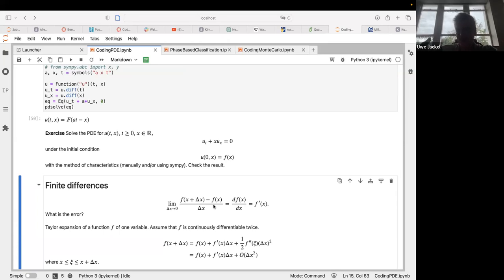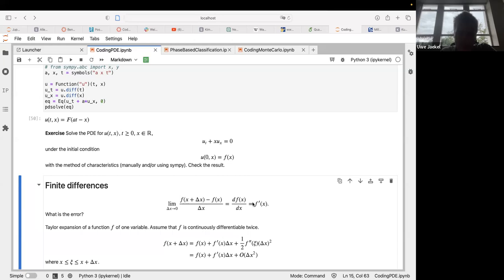We have a discretization of time. We have a discretization of space. Let's consider only the space part in this case. So f may depend on t, but we keep t fixed.